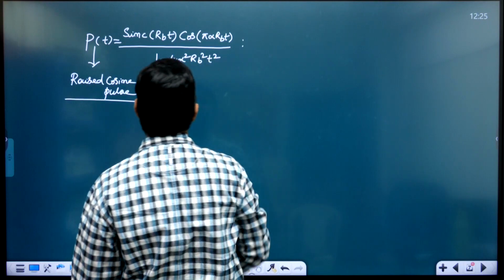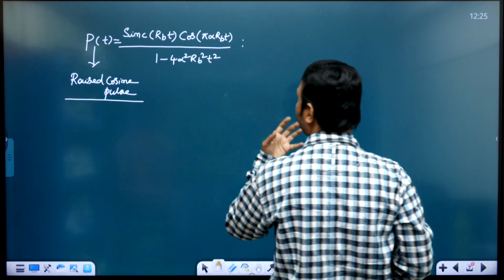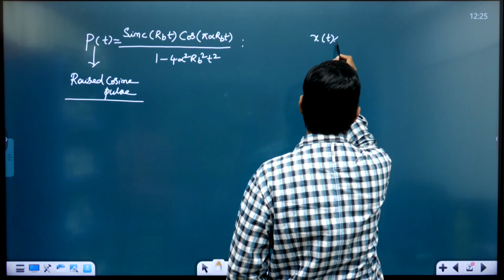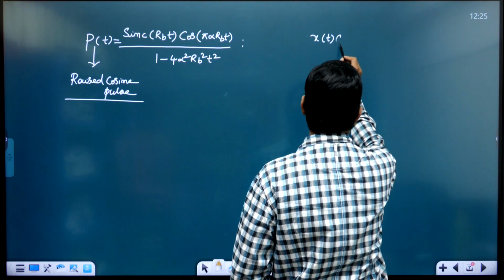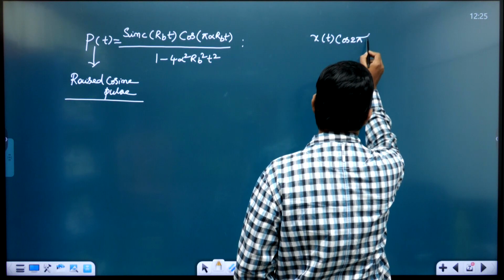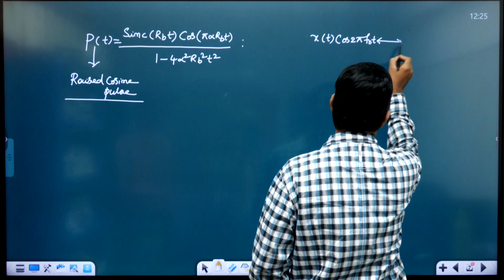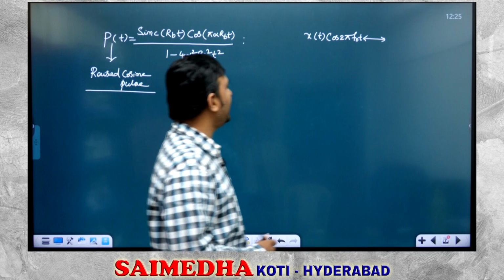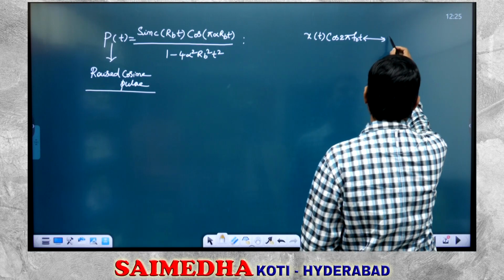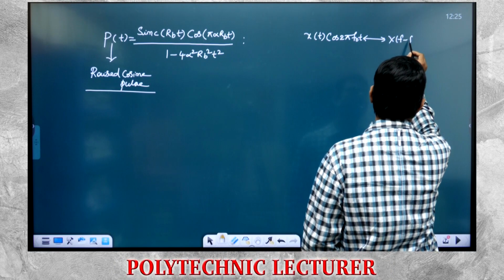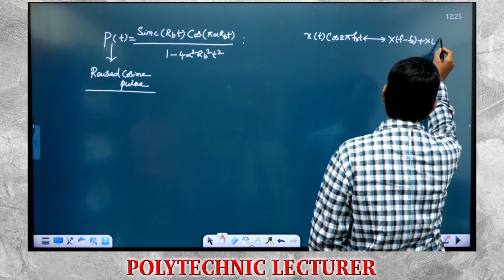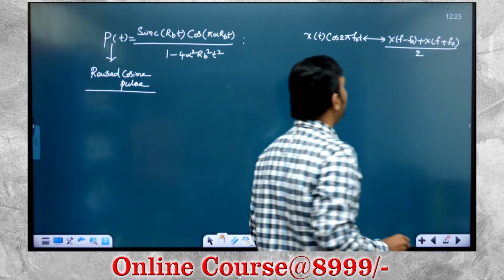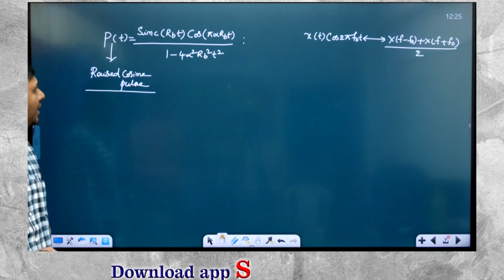To find the bandwidth, I want to recollect one important concept from signals: what happens if you multiply x of t with cos 2 pi f naught t? The spectrum of the signal x of t, that is X of f, is shifted to the right by f naught and to the left by f naught, and the amplitude is divided by 2. Right? Fine.